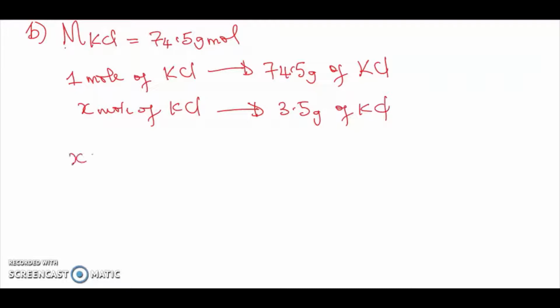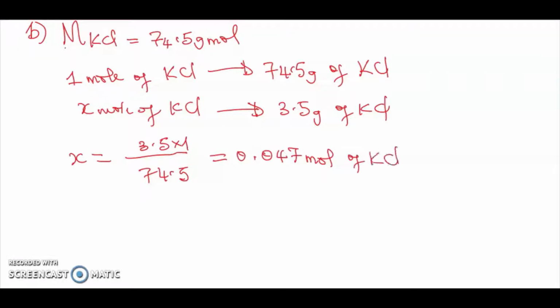So X is equal to 3.5 divided by 74.5, and here we have 0.047 mole of KCl. So this is the mole of KCl.